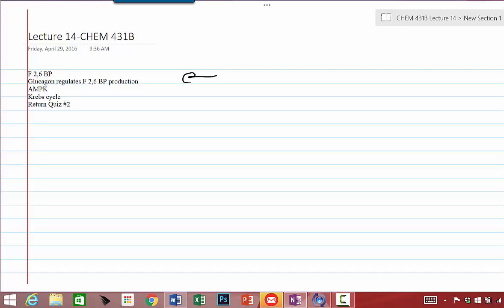Remember, we're decreasing the amount of fructose 2,6-bisphosphate, so it's going to inhibit glycolysis, right? Okay, so that's exactly right. It's going to inhibit glycolysis, and this is exactly what you want to happen in the liver.